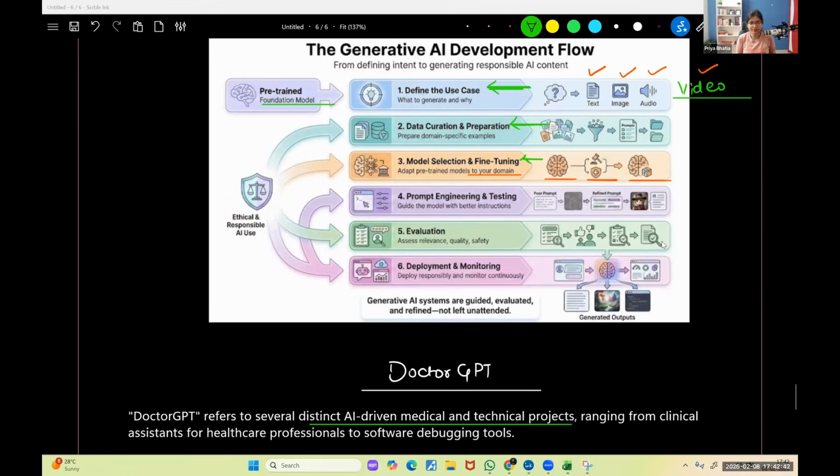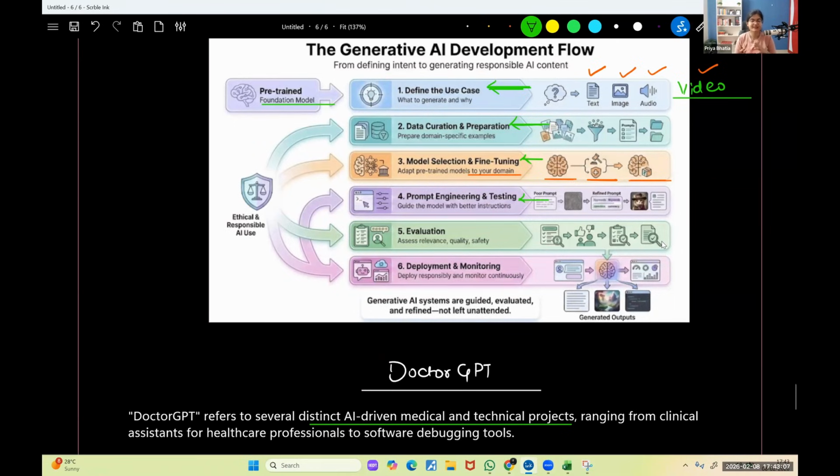Next step is prompt engineering and testing. So what are we doing over here? Once we have, let's say, Dr. GPT, just like the way I have showcased, we will write different sorts of medical prompts over there. And doctors will test whether the Dr. GPT is able to give better results or not, whether the results are insightful or not.